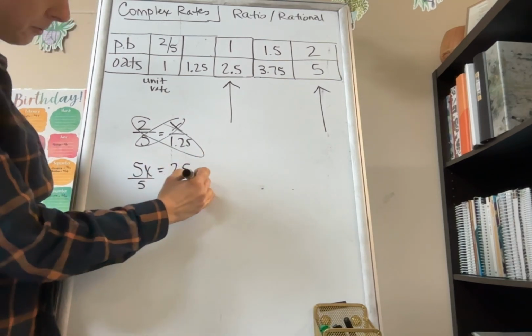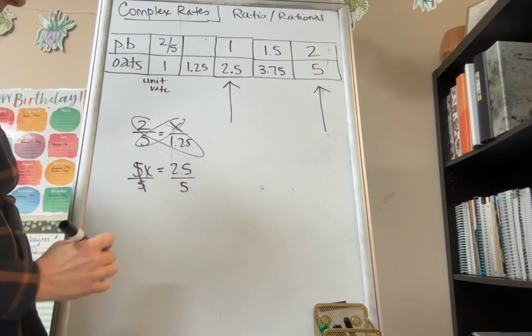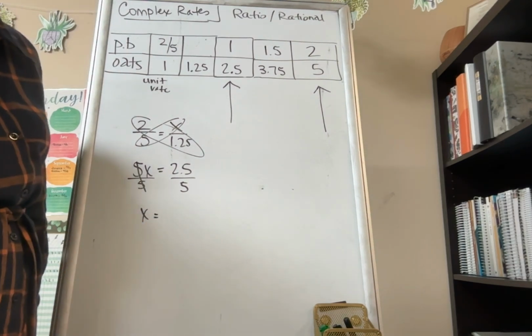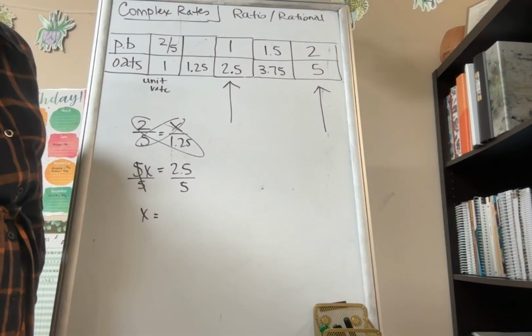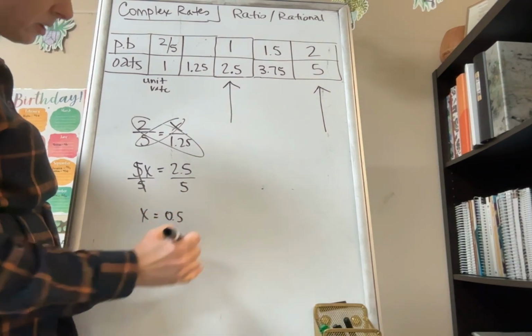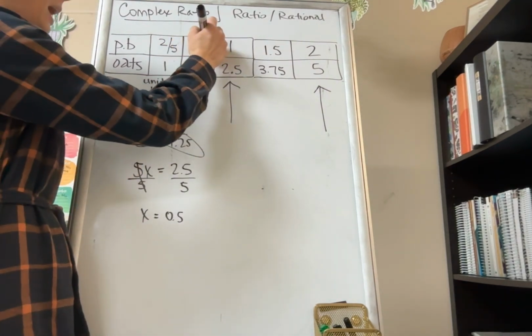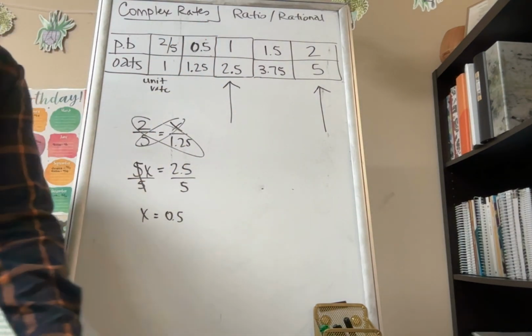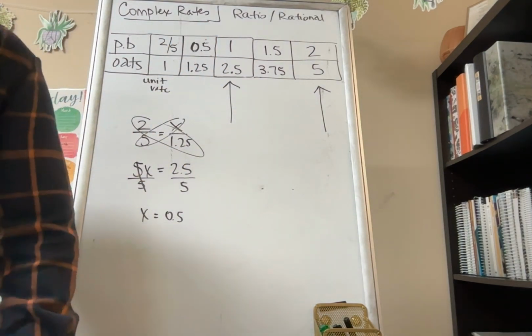Now I need to divide both sides by 5 to undo this multiplication, and I'll get x equals 2.5 divided by 5 gives me 0.5, or 1/2. Okay, and I have completed the chart.